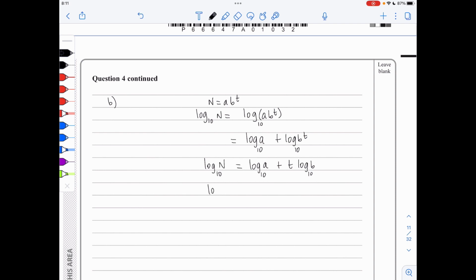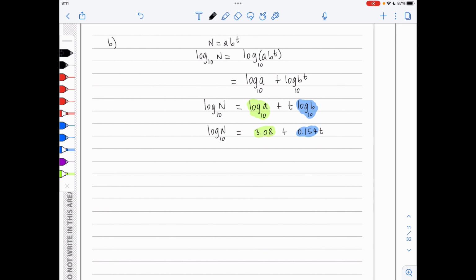So we found that log of n base 10 is equal to 3.08 plus 0.154 t. And by comparing, we see that the 3.08 is the log of a base 10, and the 0.154 is the log of b base 10.